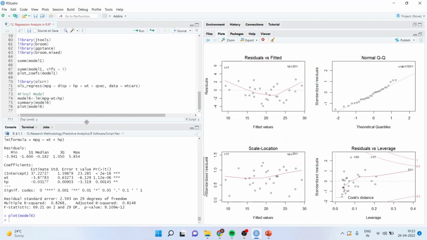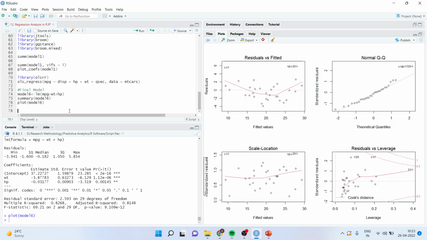Now this model has been constructed, what we can do with this model. So I'll say my MPG is equal to, just pay attention here, MPG is equal to 37.22. That is a constant which is there in every model, minus 3.87 times of weight, right?